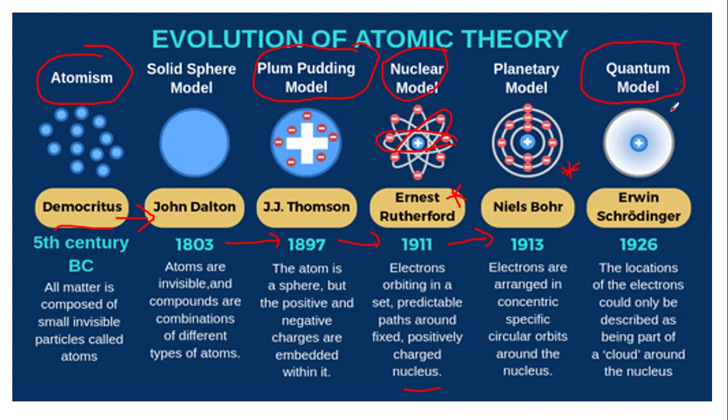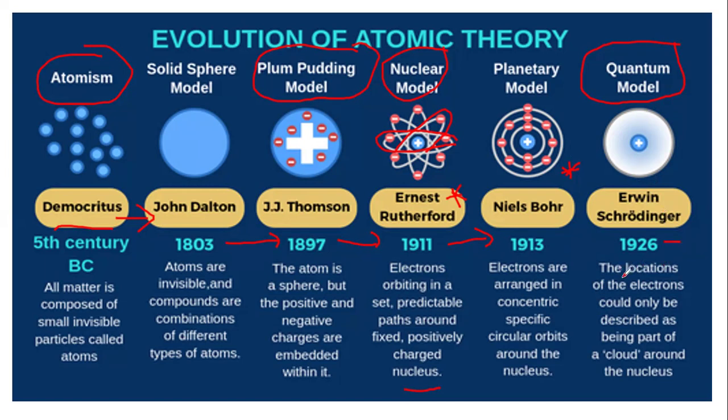And then from there we moved on to the quantum model, where we are saying that the location of these electrons moving around the nucleus is not specific. It doesn't just move in an energy level like that, no. This quantum model says no to that. It was headed by a scientist called Erwin Schrödinger, in the year 1926.